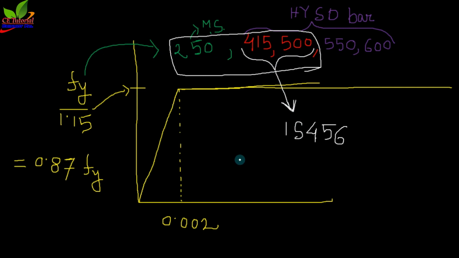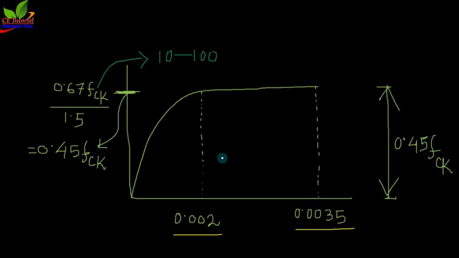Now at the last part of this class I want to tell you something new. When we are considering this stress strain curve of concrete, we are considering the strain value in limit state method. What does it mean?